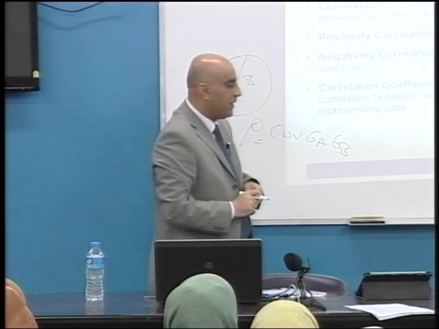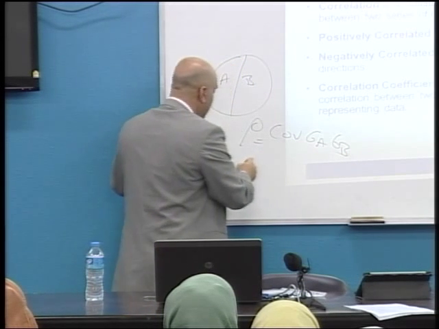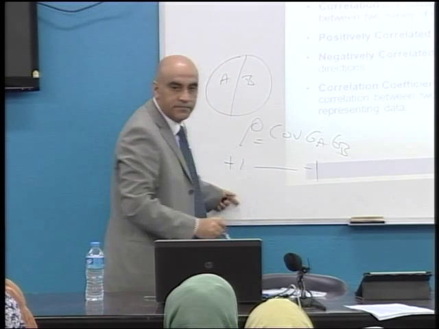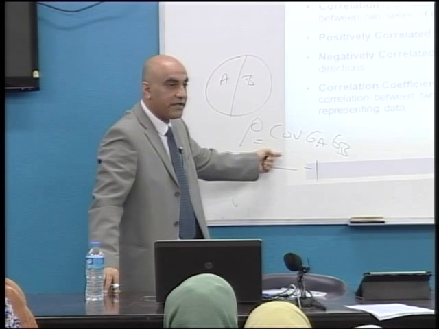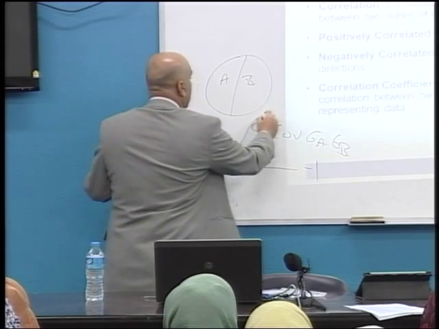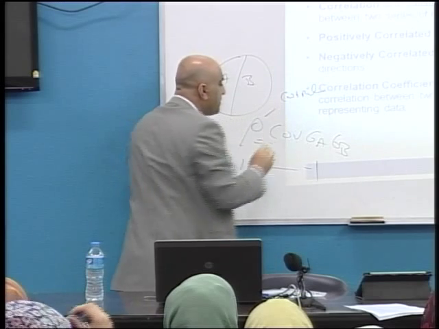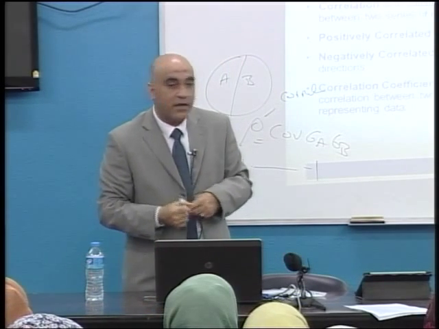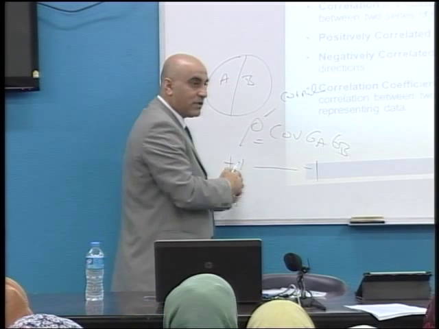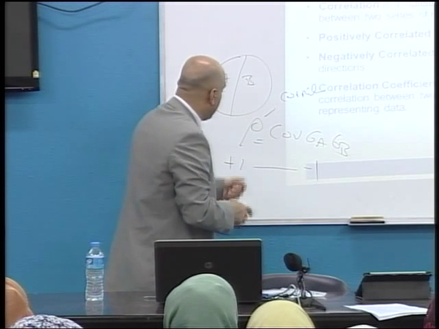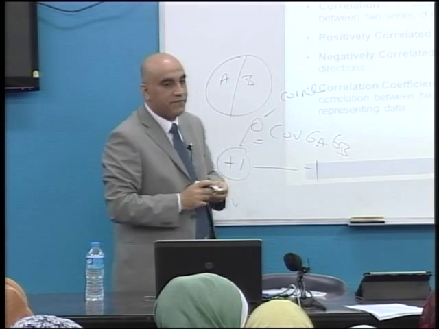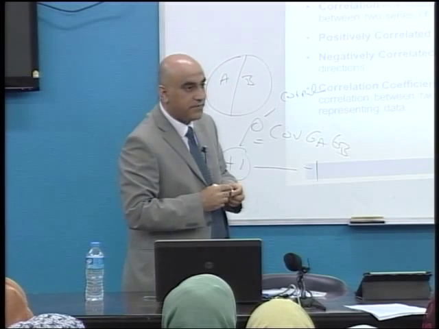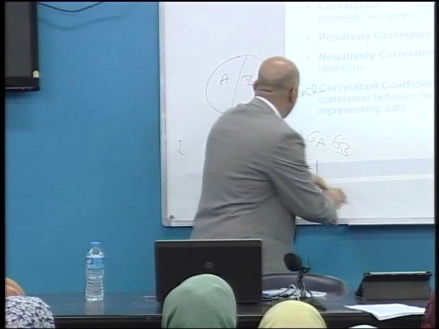Okay? And this correlation, the rho, is located somewhere between +1 and -1. So the correlation between the standard deviation of A and the standard deviation of B is between +1 and -1. +1 is perfect correlation, and -1 is perfect negative correlation.